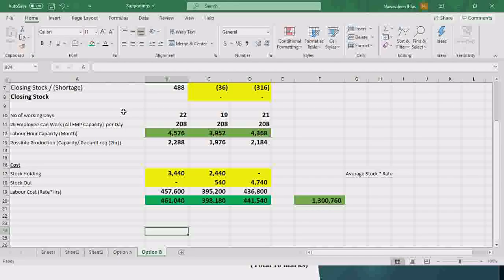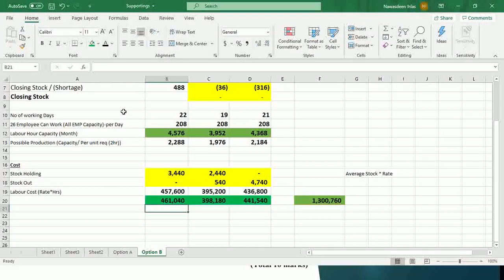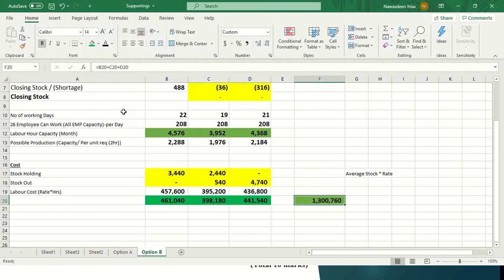So here January you can see 461,040, 398,180 for Feb, 441,540 for March. The total cost will be 1.3 million approximately, which means 1,300,760.